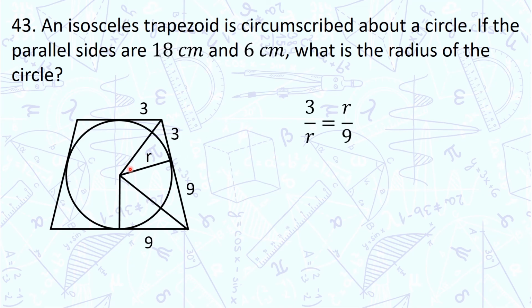By drawing the bisector of the angles of the trapezoid and also a leg of the trapezoid, we have a right triangle. Hence, we have similar right triangles. Then we have the proportion 3 over r equals r over 9. So r squared is equal to 27. r is equal to 3 square root of 3 centimeters.